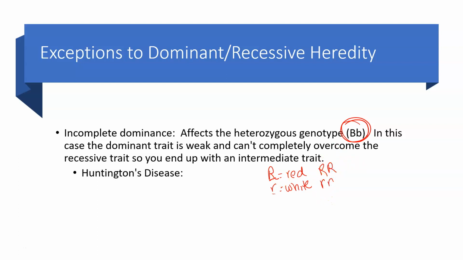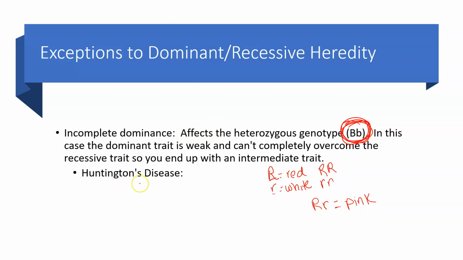White flowers would have the genotype little r, little r. Now remember, this genotype right here is what's different. So in the case of incomplete dominance, a big R and a little r would end up with an intermediate, which would give you pink. Okay, remember, in normal dominant recessive, this would be red, but because this is an exception to the rule, we end up with this intermediate color.